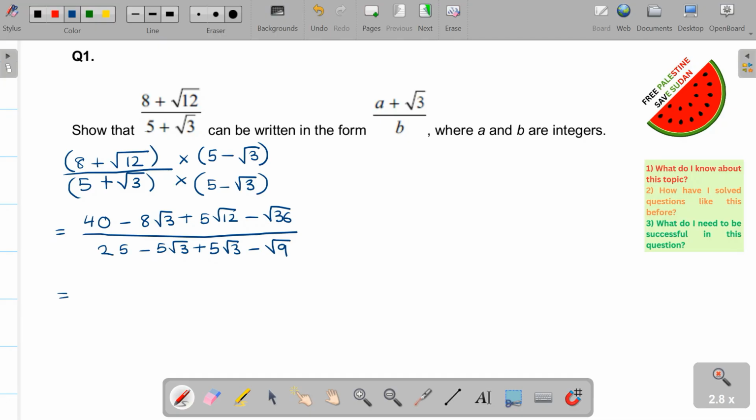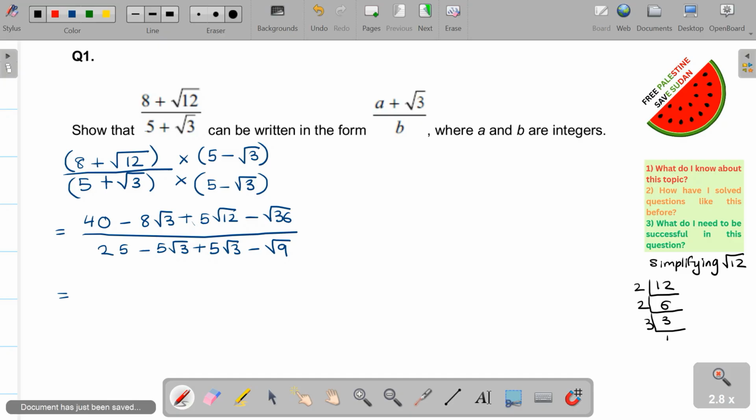Now, I can simplify root 12, and I'll do that on the side here. I like to use the table method to write 12 as a product of its prime factors. 2 goes into 12, so divided by 2 gives me 6, divided by 2 gives me 3, divided by 3 gives me 1.